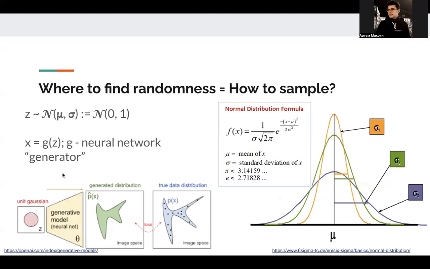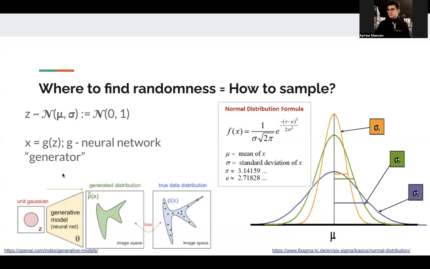Okay, the first question is where to find randomness, because as input we don't have anything, and we should obtain an image, for example, from this distribution. And next time we run it, most of our models will output the same image because our models are deterministic.